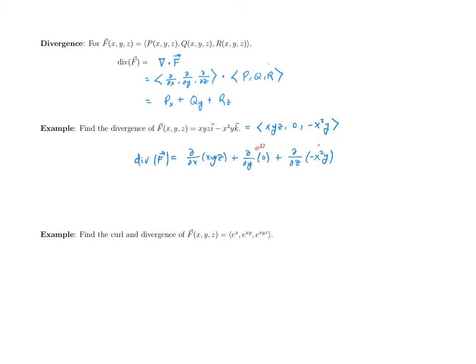As the second two partials are both going to be 0, we end up with the divergence simply being the quantity yz. And at this point I would like to observe, similar to calculating the curl of a vector field, this is not something which is difficult computationally.